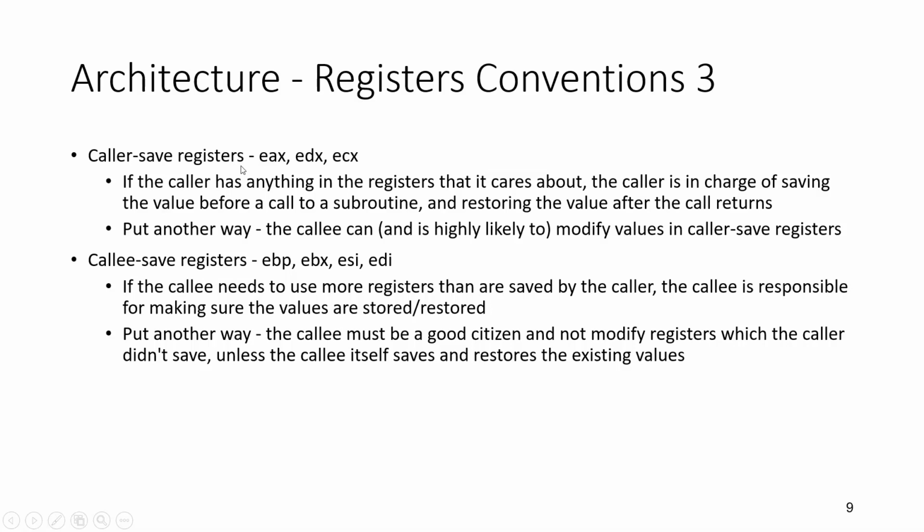Before main calls another function, it needs to store some values, because the function it calls can change the values. So the caller-save registers are EAX, EDX and ECX. The main function will save some values onto these registers and push them, and then program flow transfers from main to the subroutine, that is the function it calls.